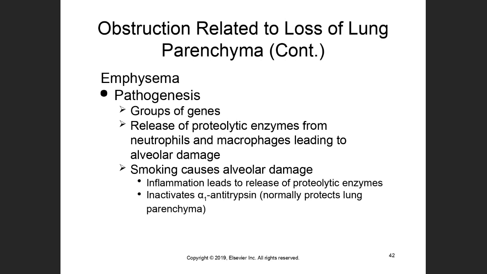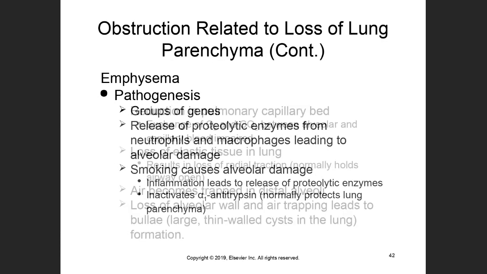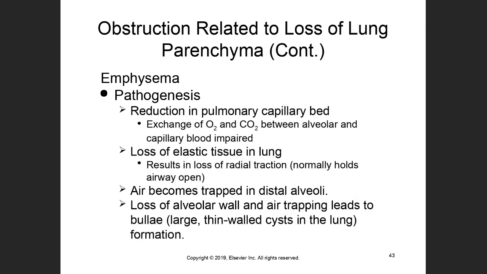Pathogenesis: a group of genes leads to the release of proteolytic enzymes, and those proteolytic enzymes are the ones that damage the alveolar wall. Pathogenesis: reduction in the pulmonary capillary bed, excess of O2 and CO2 between alveoli, that's retaining of air in the lung.